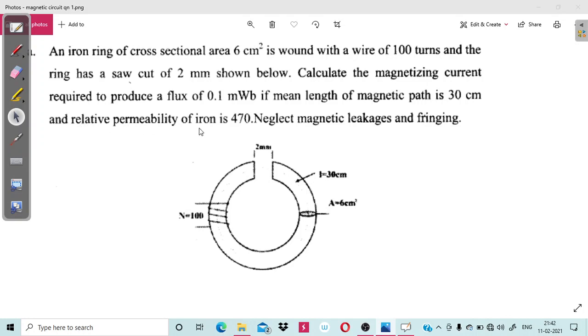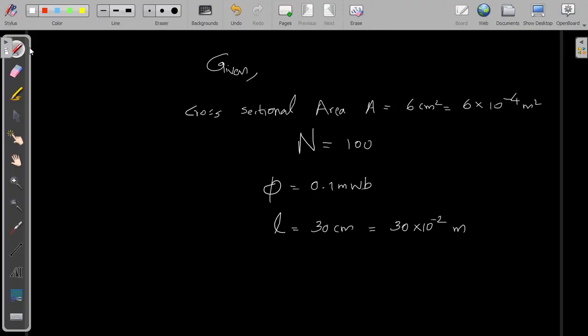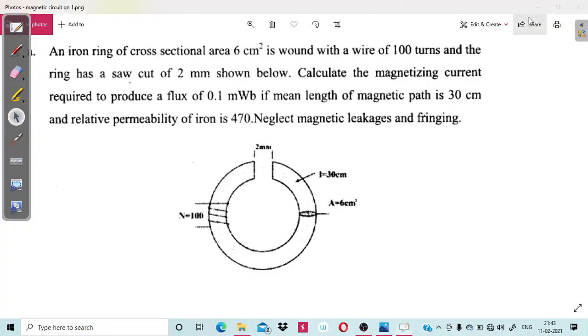Relative permeability of iron is denoted by mu r is equal to 470. Neglect magnetic leakages and fringing.